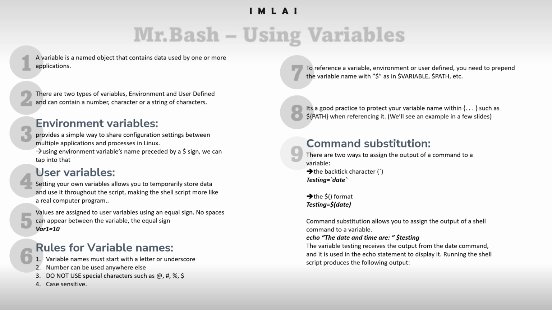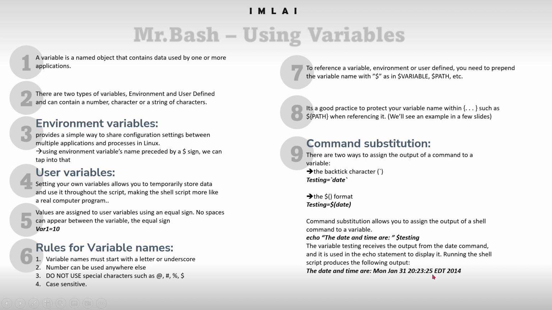Running the shell script produces the following output. You can see that this is what you will get at the end of the execution of this command. The date and time are the output of the date, which is substituted to the testing variable. So that's what you get.